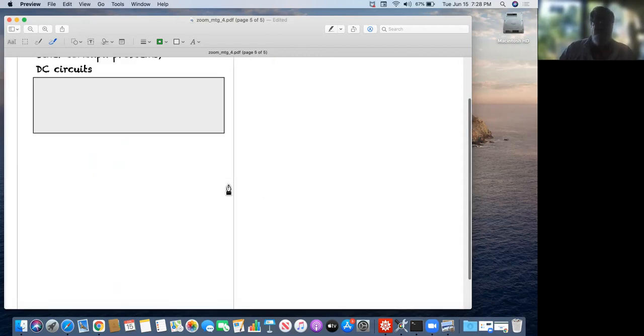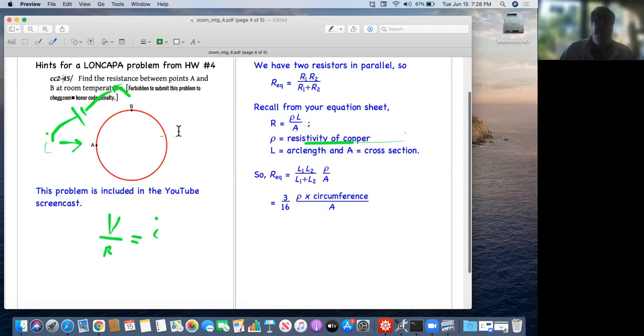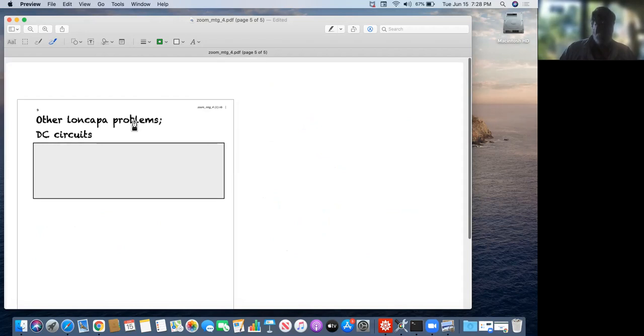Now that's not all of the problems. That's not even all of the topics in that assignment. There are also some problems in homework assignment number 4 about circuits, DC circuits. Circuits with a battery and maybe a resistor and maybe a capacitor.